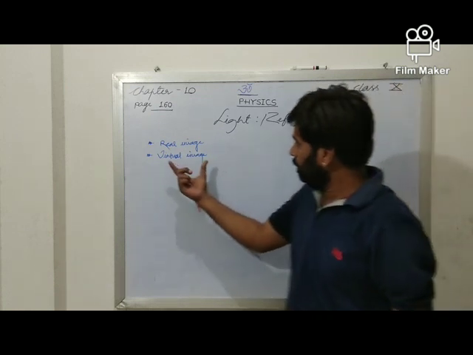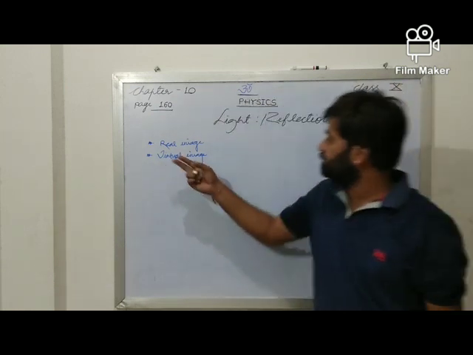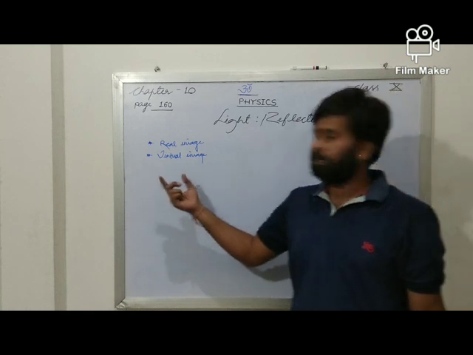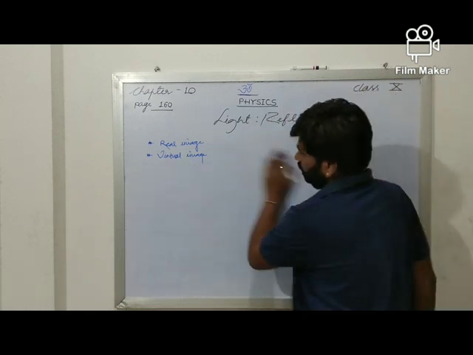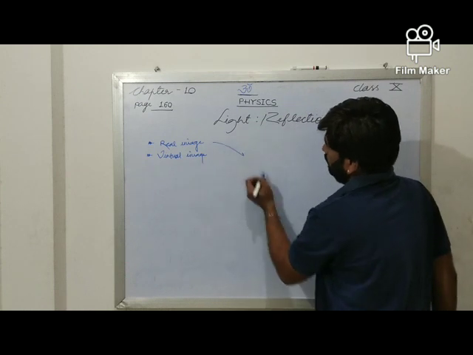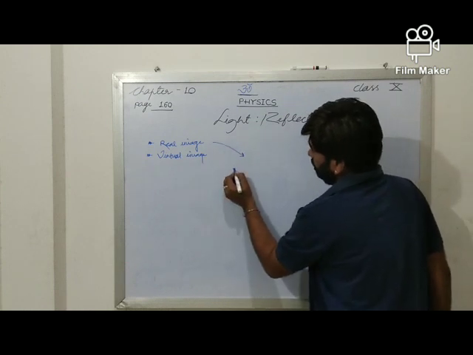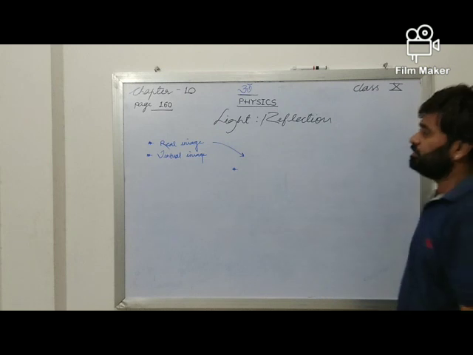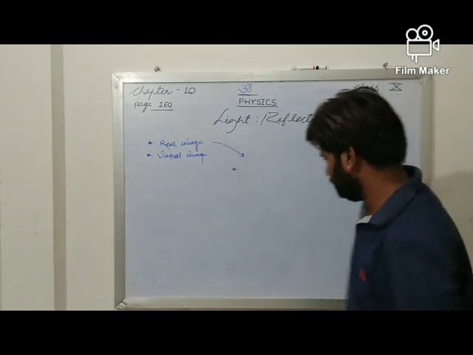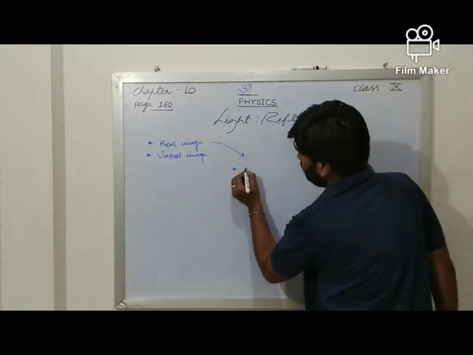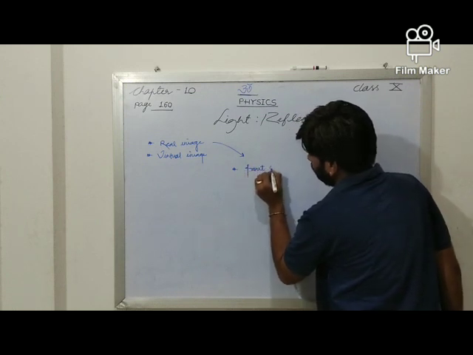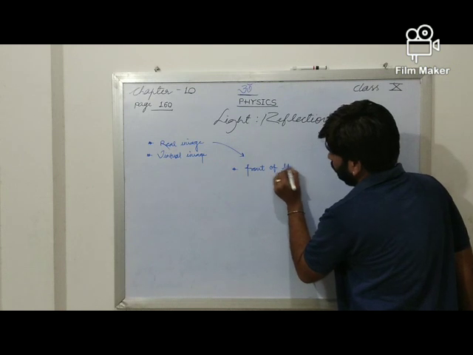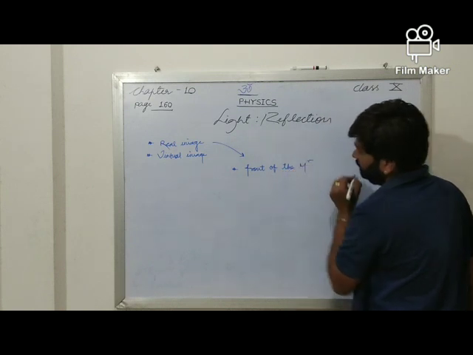Later on we will have a few more examples through which we may better understand real image and virtual image. For the time being, the technical definition is: a real image is the image which is formed in front of the mirror. We may understand it like this. Front of the mirror, first thing.